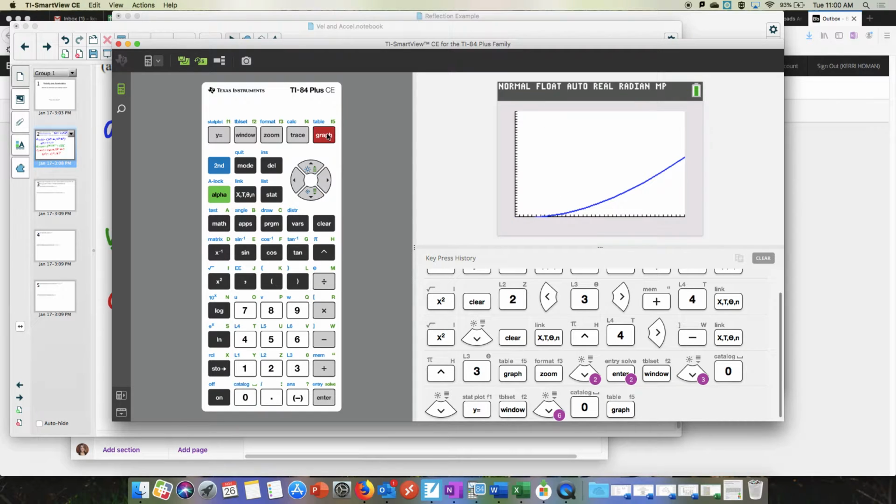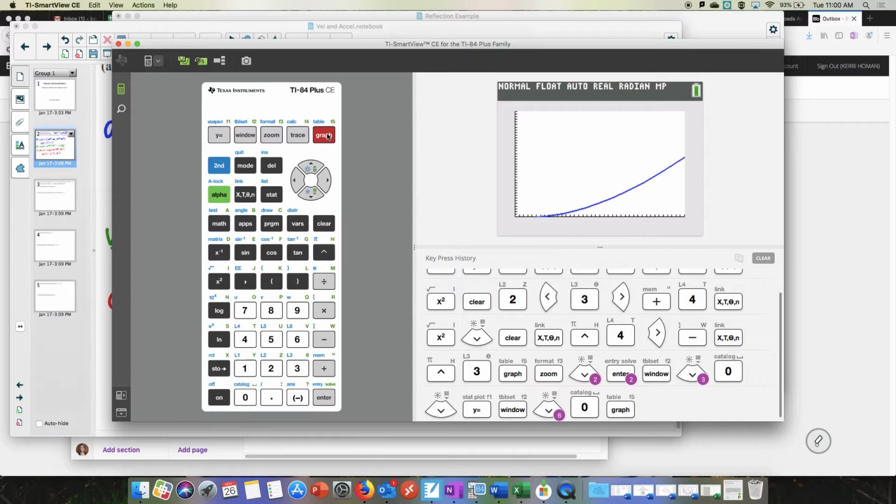Now, what coordinate would we be at when t equals 1? Was it 5, 0? 5, 0. But how do we know that?